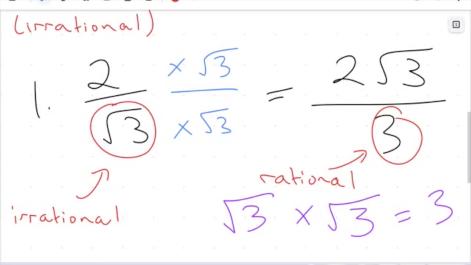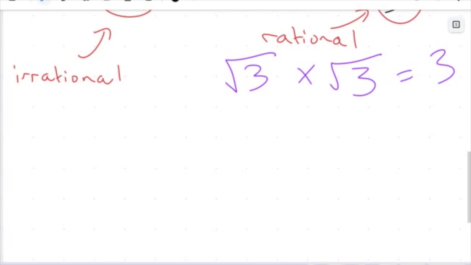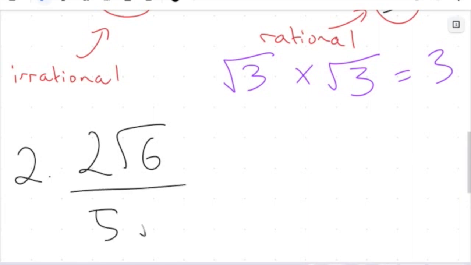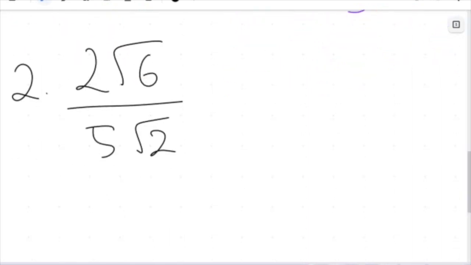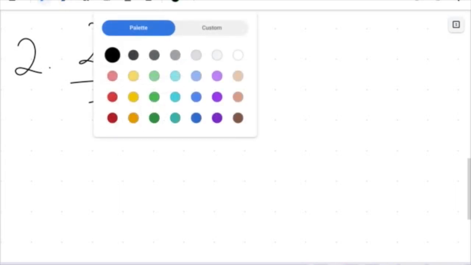Okay, let's look at a couple more examples. Let's do some slightly harder ones. So I have 2 root 6 over 5 root 2. Okay, now, regardless of whatever number is in front of the surd, the only way we can get a surd to a rational number is multiplying by that surd.